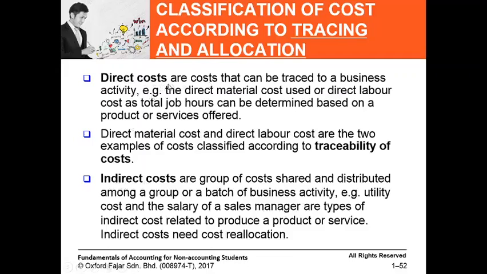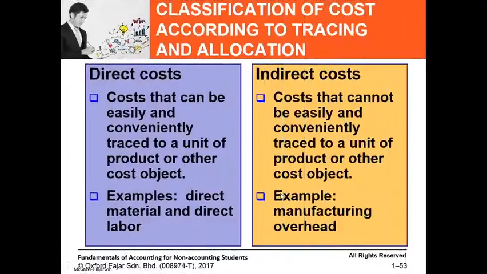Direct costs are anything that can be traced to a business activity, such as direct labor and direct material just now. As long as you can trace it, as long as you can see it on the product, therefore it is considered as direct cost. Indirect cost is considered as indirect material and indirect labor, as well as manufacturing overhead costs just now.